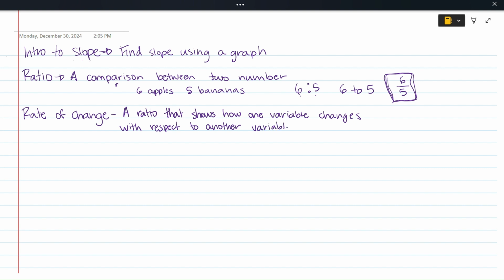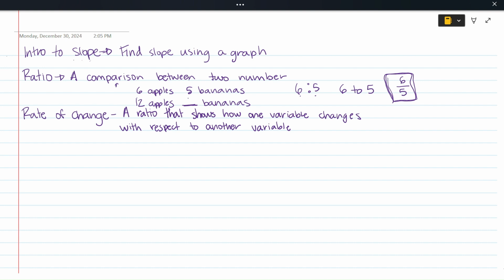So to use our example up here with our 6 apples and our 5 bananas, a way that we can represent this is if I tell you, oh, well now George has 12 apples, and I want you to tell me how many bananas he has. And we know that ratios, we can only transform them using multiplication so that they remain proportional.